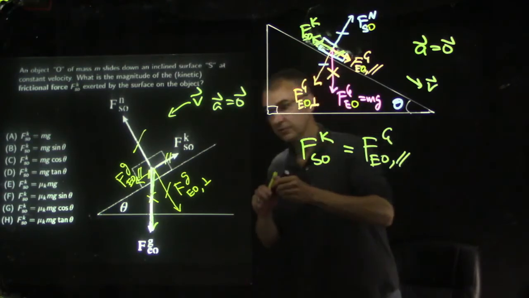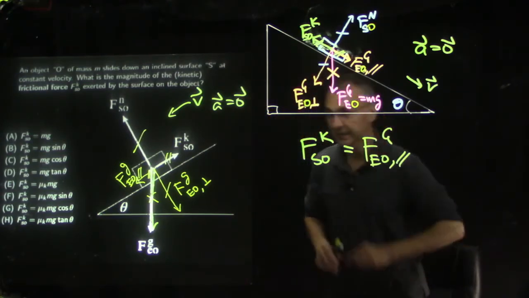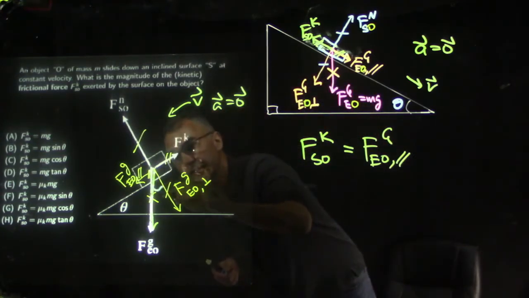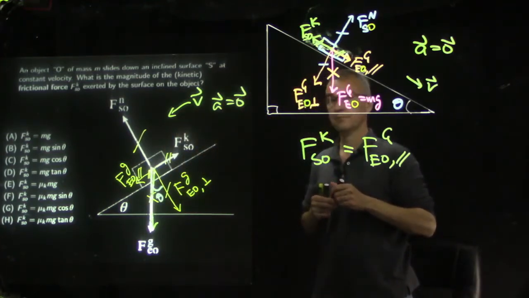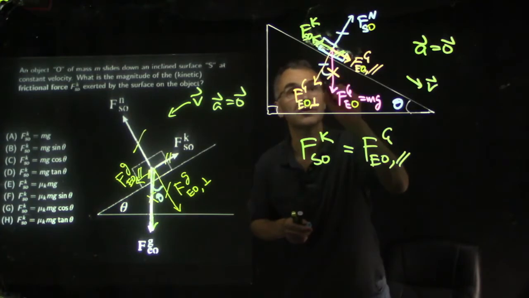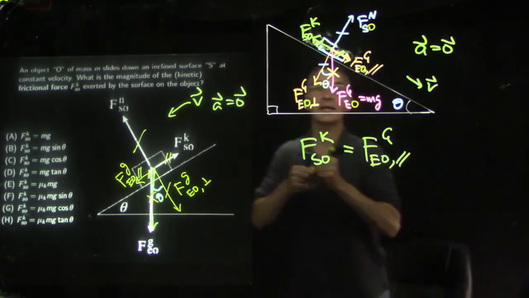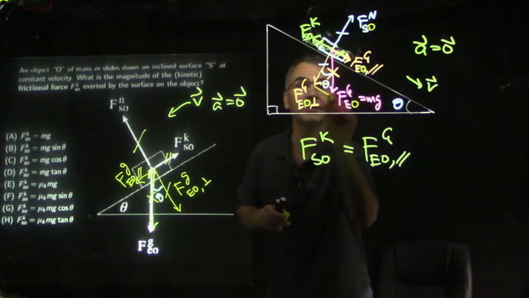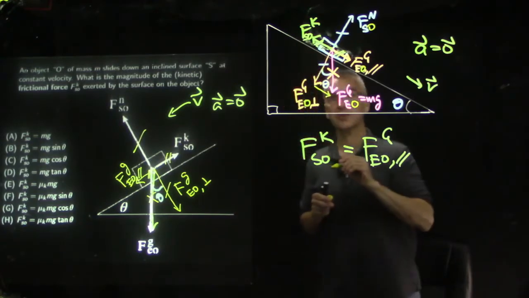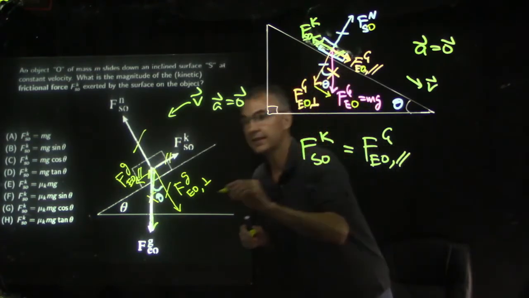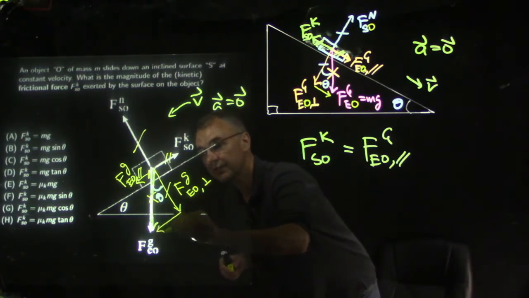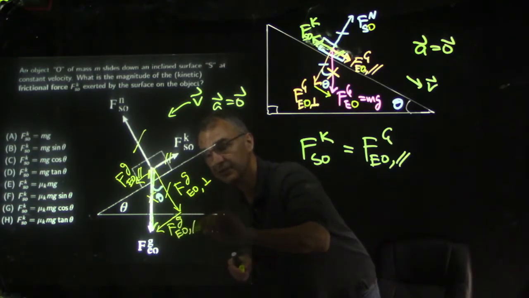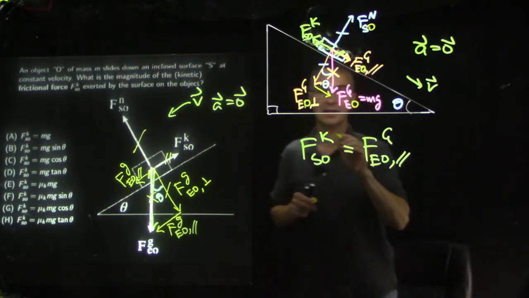Well, if we look a little bit more closely at this diagram, then this angle turns out to be theta. So this angle also turns out to be theta. And then the downhill component that we want here is this yellow arrow. And over here, the downhill component that we want is this yellow arrow. So this is F gravitational, Earth on the object, the parallel component.